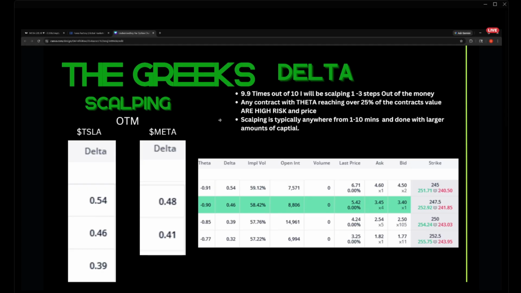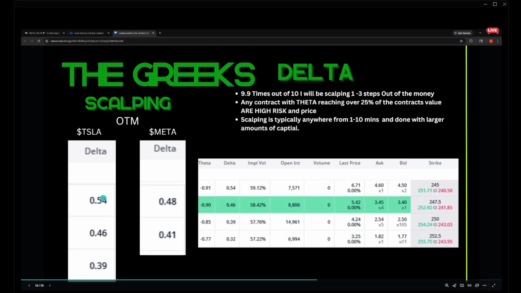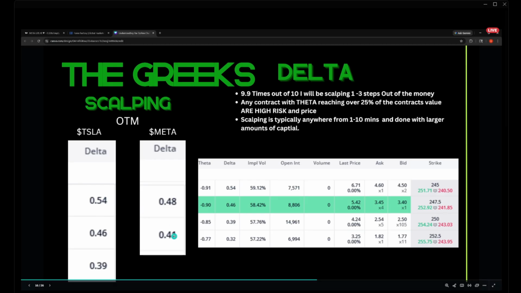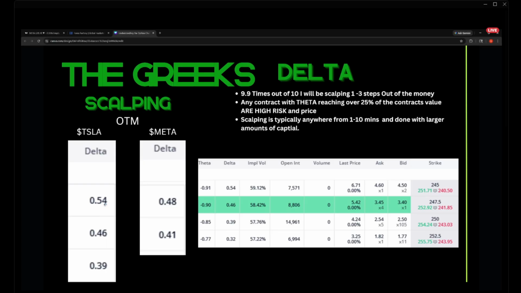Out of the money strikes are going to be favorable for me, in relation to the contract that I'm trading. If I have a $700 contract, a .41 delta ain't going to do it. It's typically something that's out of the money and has yet to increase in IV that I'm targeting. I don't scalp as much, but the most important thing to pull out of this slide is it's 1 to 3 strikes out of either A, where you're targeting, or B, where price is currently at.